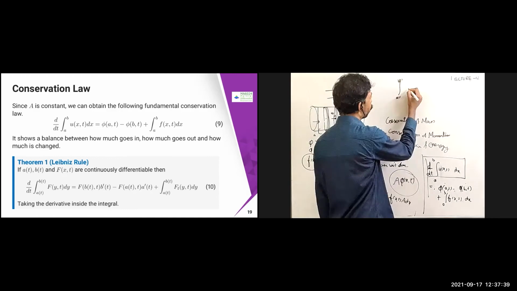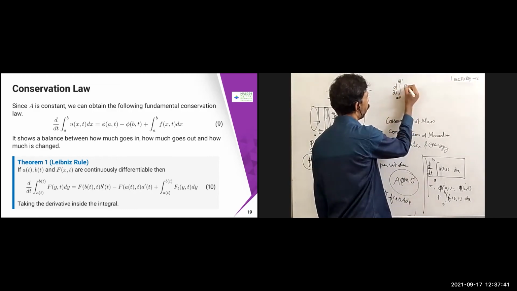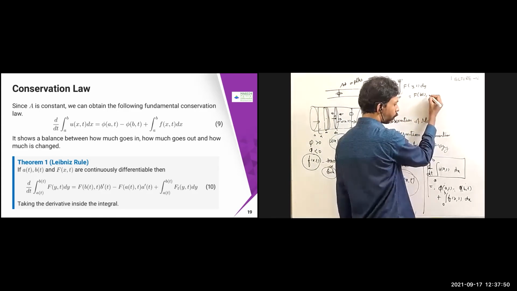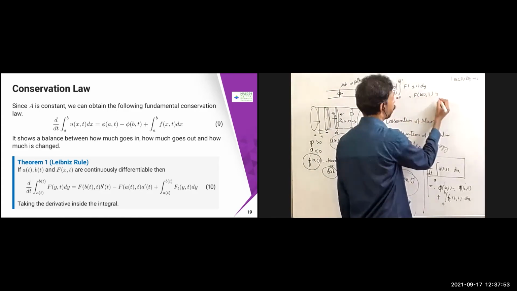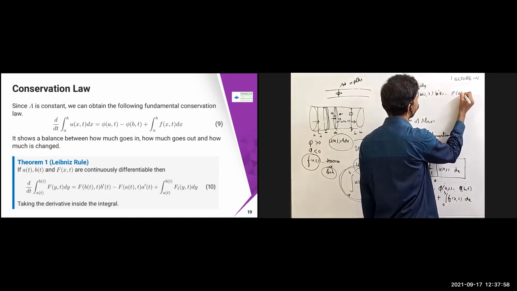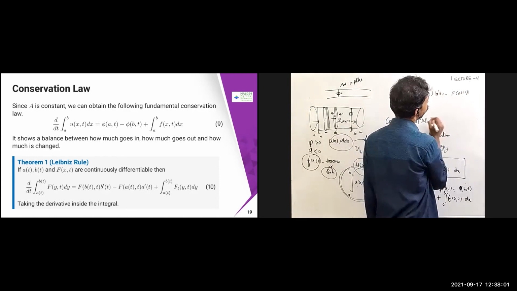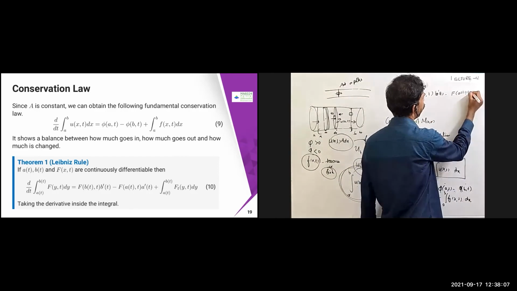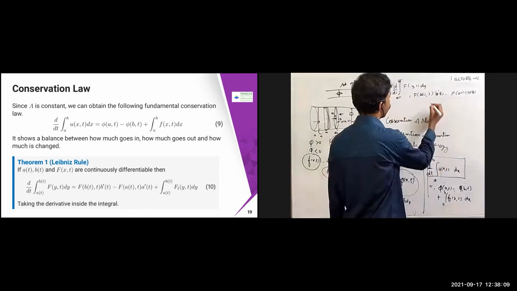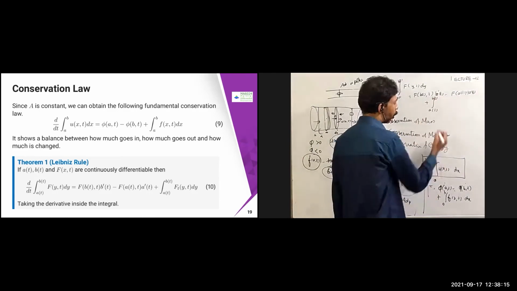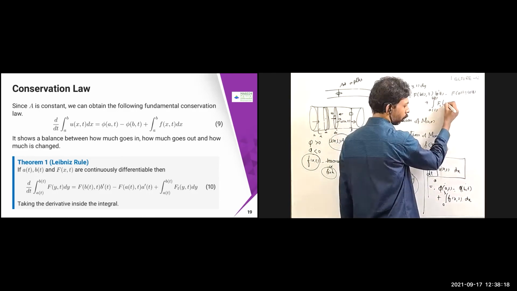d by dt of the integral of f of y comma t dy is the same as f of b of t comma t into b dash of t, minus f of a of t comma t into a dash of t, plus the integral going from a of t to b of t of f sub t of y comma t dy.